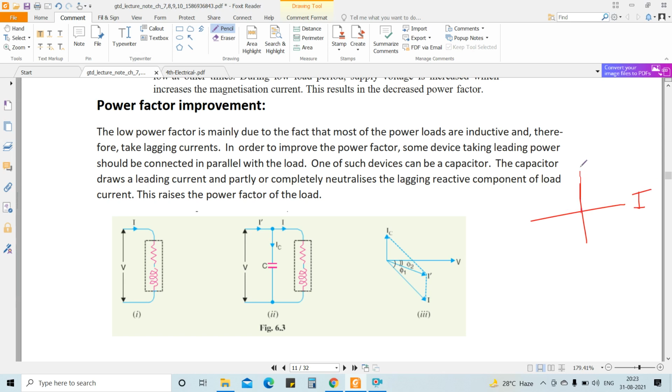That means here the inductive voltage should be in this direction. Voltage leads current, so in case of lagging current the voltage is towards this. In order to decrease this low power factor effect, we need to neutralize this. So to neutralize this we have to use capacitive load.